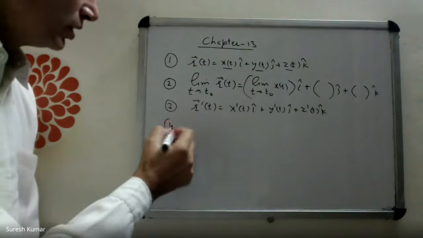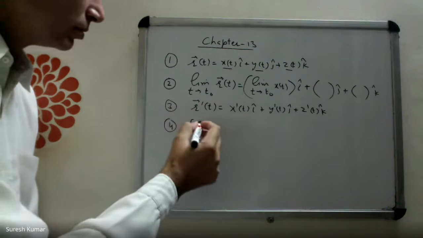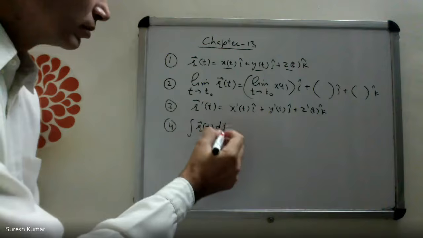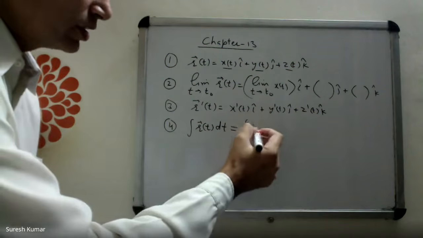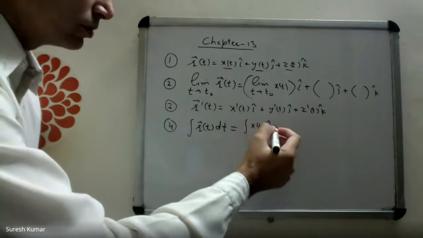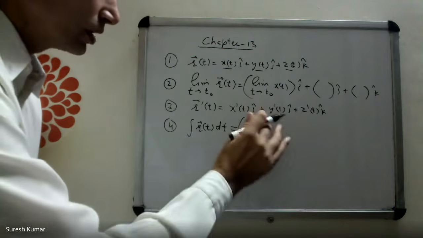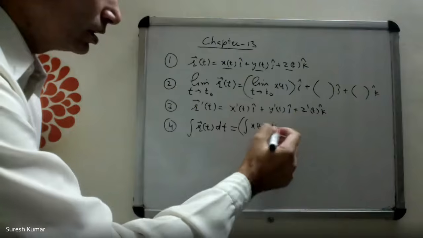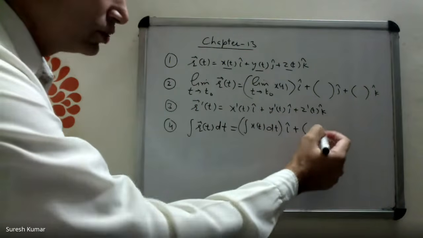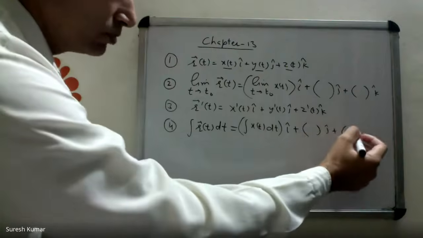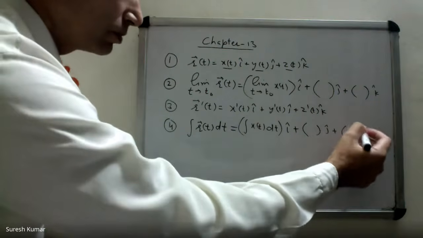Then integration of r(t). Similar to this, take integration of each component. Integration of x(t) dt i cap, integration of y(t) dt j cap plus integration of z(t) dt k cap.